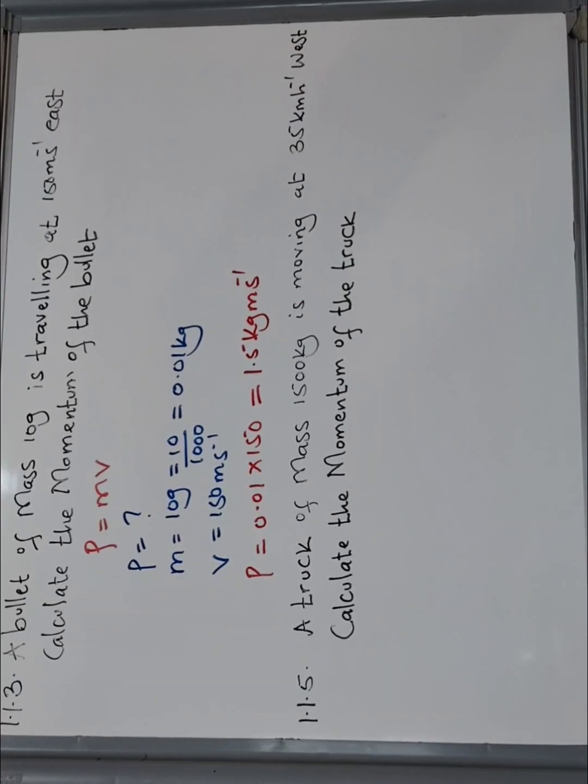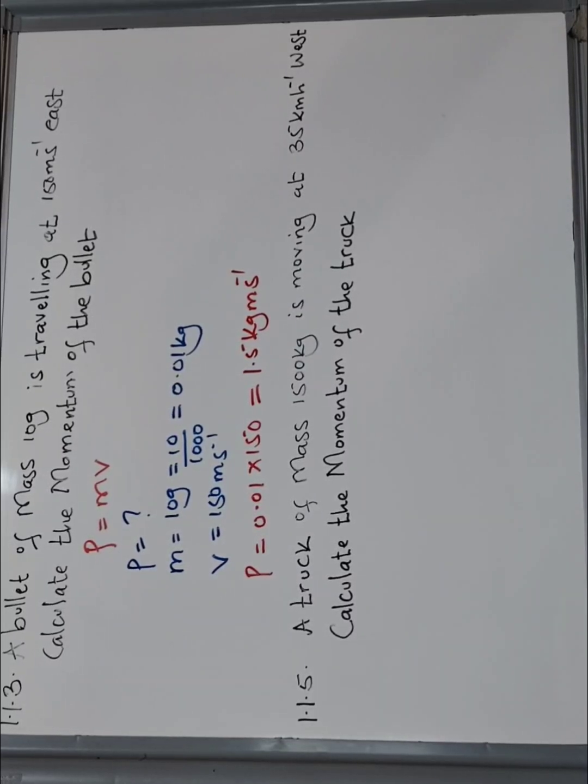Then comes this question. It says that a truck of mass 1,500 kilograms is moving at 35 kilometers per hour west. Calculate the momentum of the truck. Okay, what do we have here?